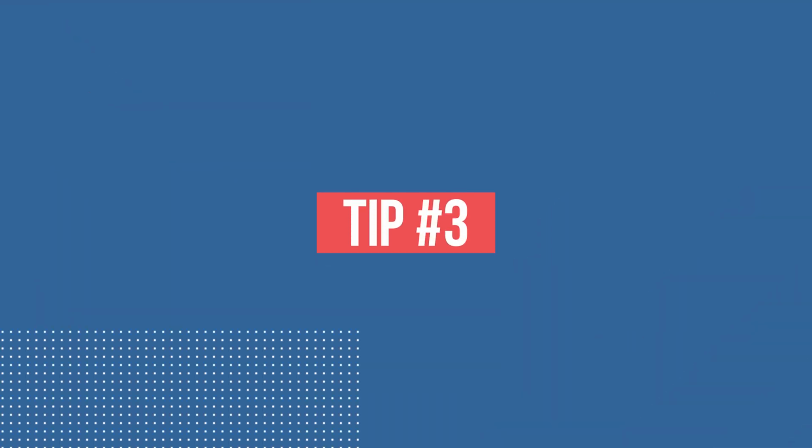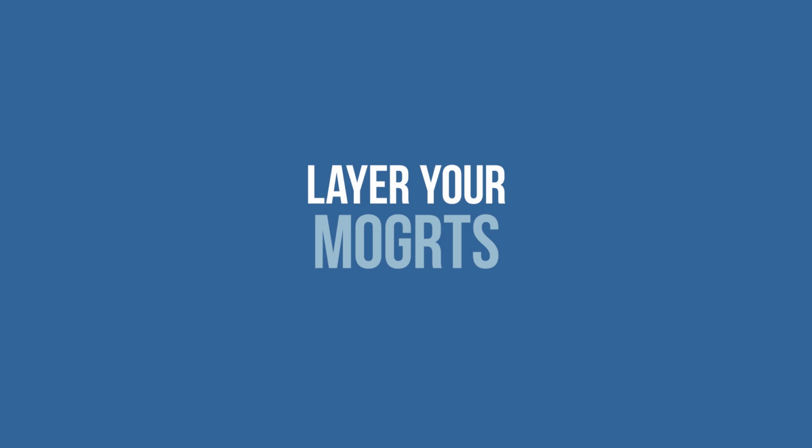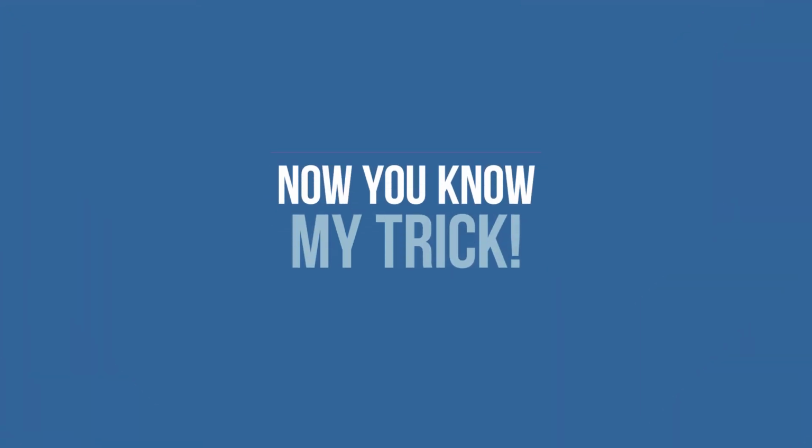Tip number 3, layer your mogrts. As I started playing around with my mogrts, I found that there's still an art to creating great graphics even with these motion graphic templates. So the tip is to layer them. If you have a transition, then have your text graphic come on and then transition out of that with another mogrt.